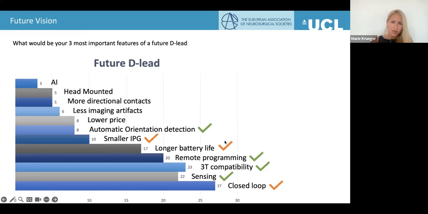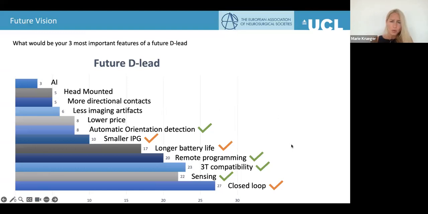Longer battery life: I think now that Medtronic is bringing out a rechargeable battery for the sensing, that's a step in the right direction. I don't think that we can expect IPGs to last longer with all the extra technology that we have. So smaller IPGs, again, I think Medtronic's bringing out a really tiny battery.